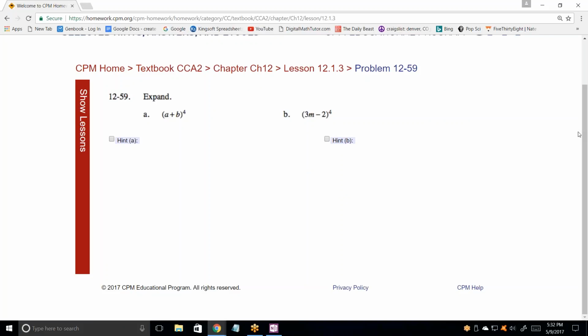You're familiar with the binomial expansion? Yeah. Pascal's triangle? Believe it or not, they are kind of the same thing.